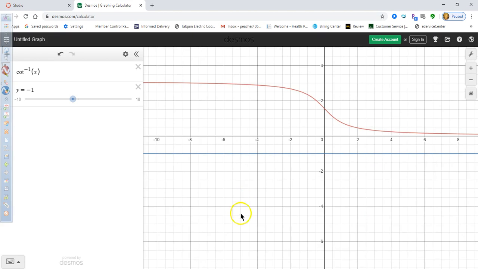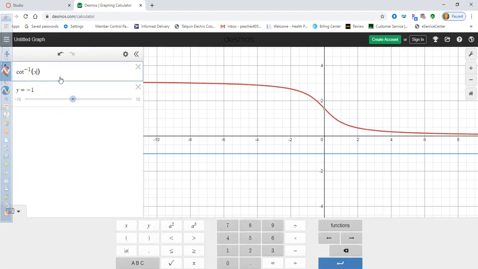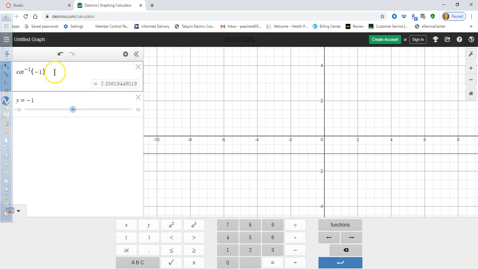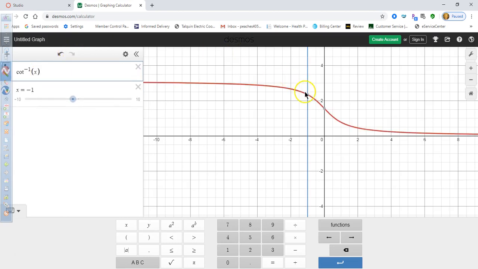Well, look at that, it doesn't cross. But I also want to check in the calculator. What if I type in -1 here? That gives me 2.35, because really what we're looking at is this here. Notice it also says 3 pi over 4. Well, 3 pi over 4 is not negative 45 degrees.